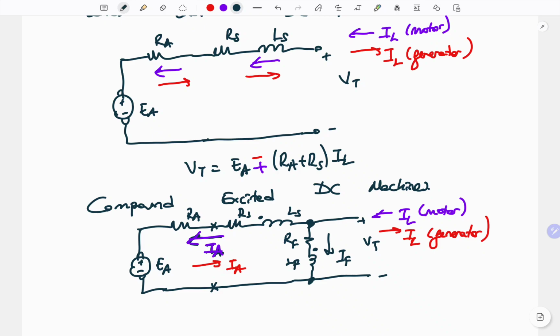If their directions are reversed, if their polarities are different with respect to each other, if their effects are decreasing, mitigating their magnetic fields, in that case we have a differentially compound excitation. But for the compound excitation, briefly we can say we have series and parallel connected field sides in the same machine. Thank you for watching.